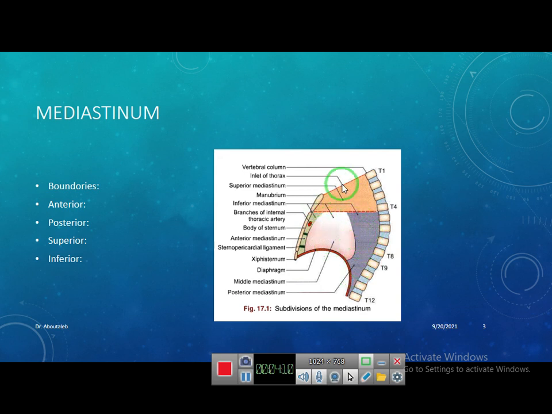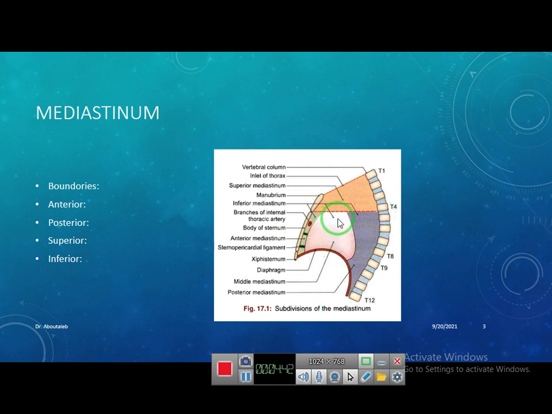The superior mediastinum is separated from the inferior mediastinum by an imaginary plane passing through the sternal angle, the dashed line that I'm showing to you, from the sternal angle anteriorly, and the lower border of the body of the fourth thoracic vertebra posteriorly.